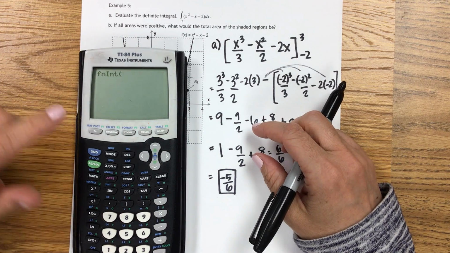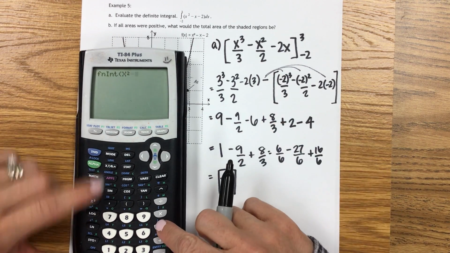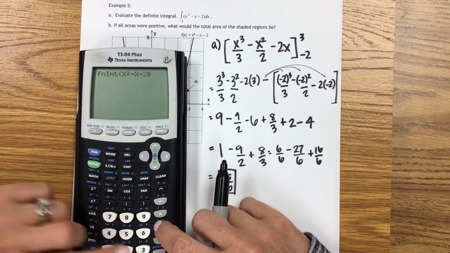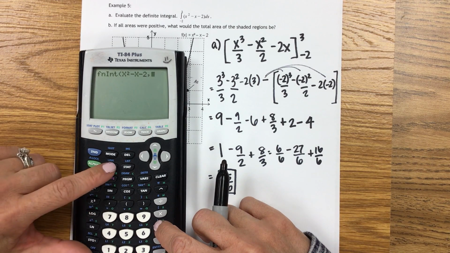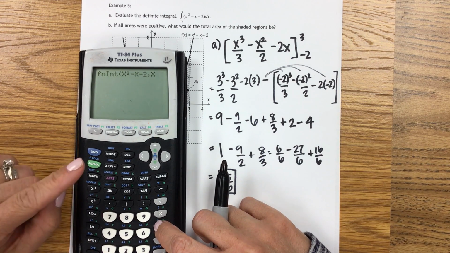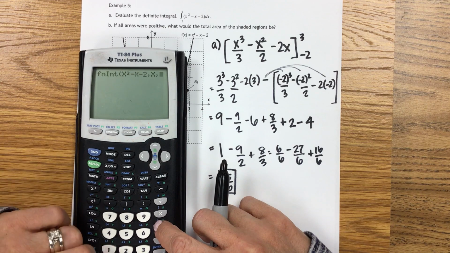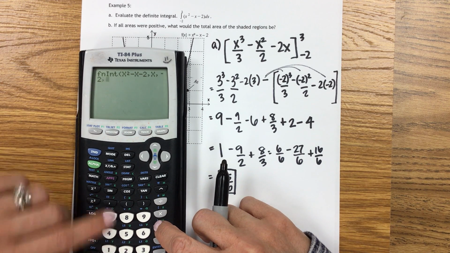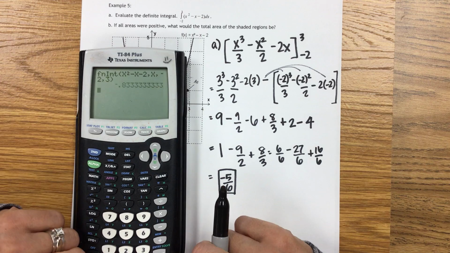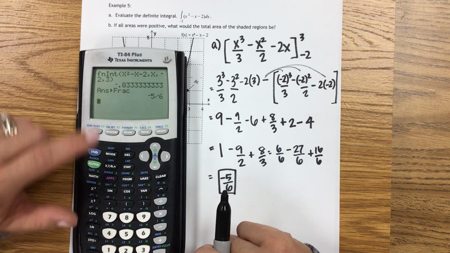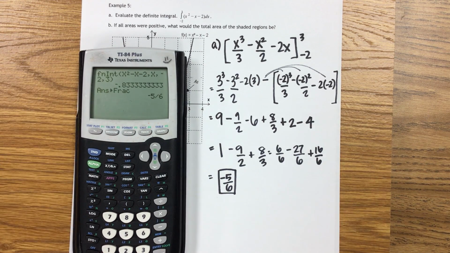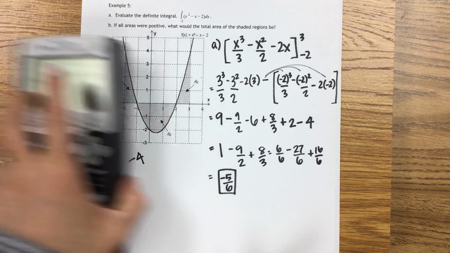First, I'm going to plug in the function x squared minus x minus 2, and then comma, and then an x that says that we're in terms of x, comma, and then the bottom number, which is -2, comma, and then the top number, which is 3. And we did get -5/6. We are right. So next we'll do part B.